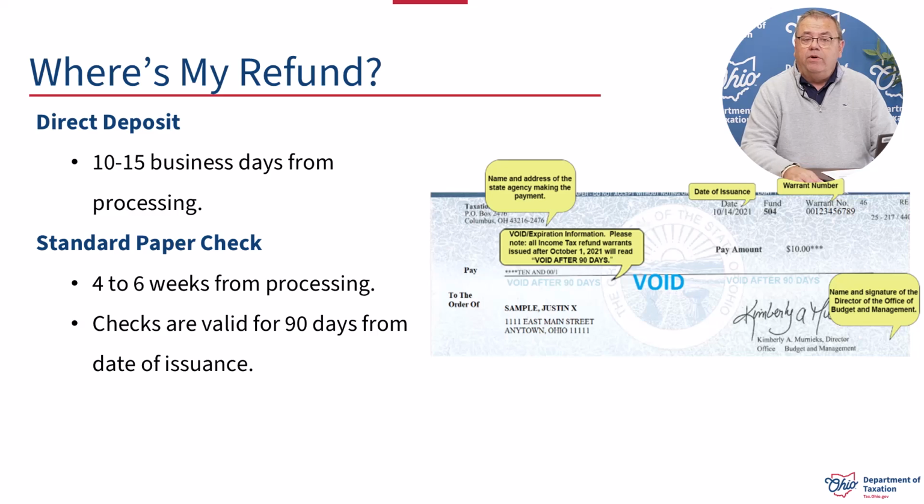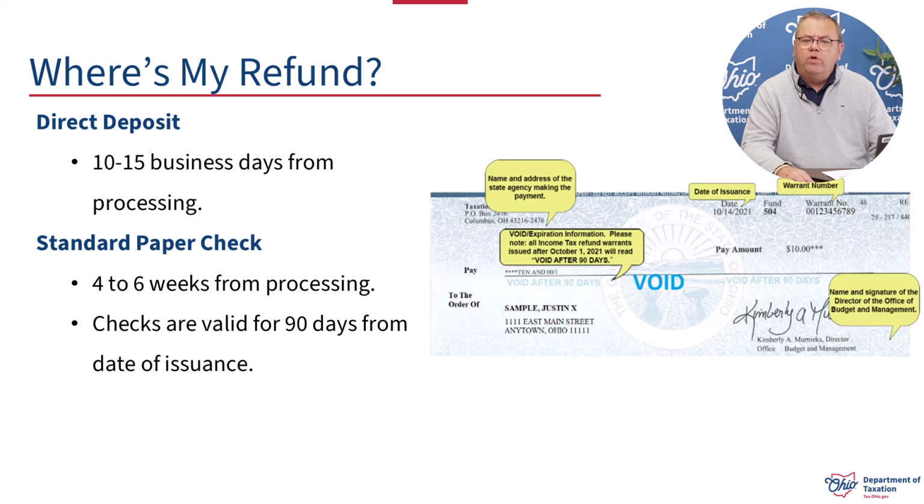You didn't request a direct deposit, so now you're getting a standard check, right? Even if you file electronically, you still have the option to receive a standard paper check. If you filed by paper, that is the only way you can get that refund. We would not issue a refund as a direct deposit from a paper filed return.